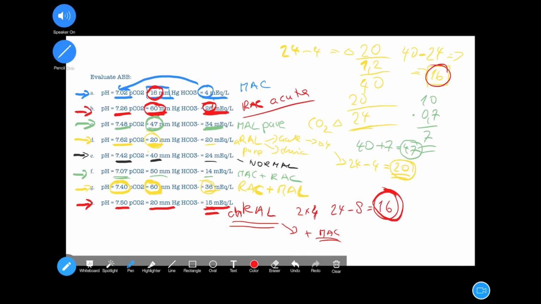Okay, get it? But still there could be some other things going on, and basically we are totally blinded by this. But still, if we talk about only 2 disorders, this would be the explanation, okay?